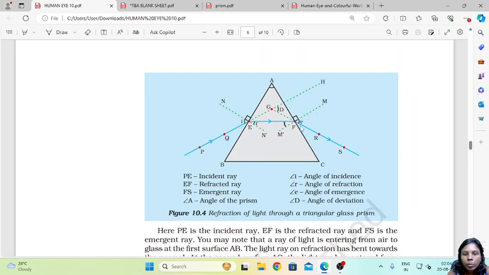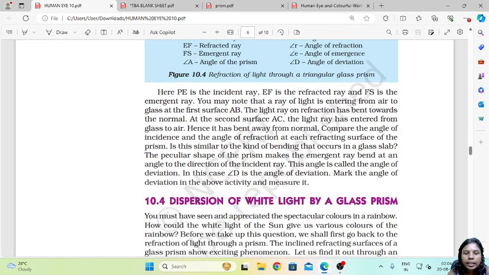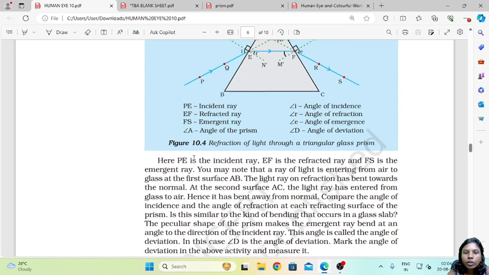So if the normal is here, then this ray is bending away from the normal. Compare the angle of incidence and the angle of refraction at each refracting surface of the prism. The peculiar shape of the prism makes the emergent ray bend at an angle to the direction of the incident ray, and this angle is called the angle of deviation.